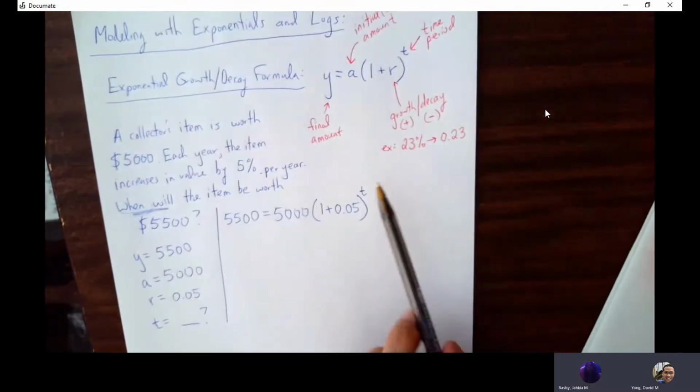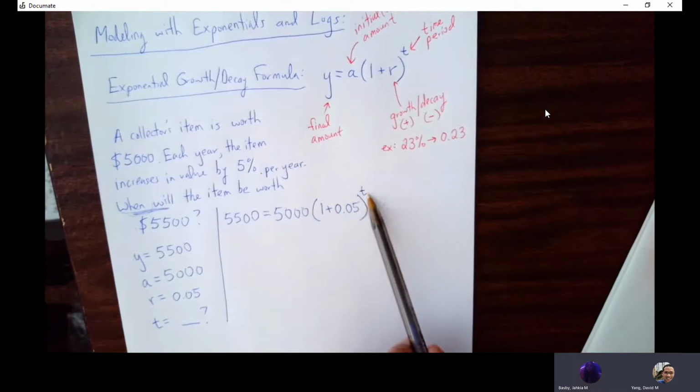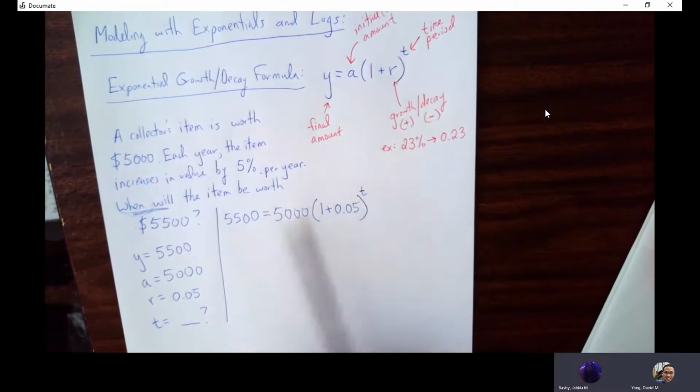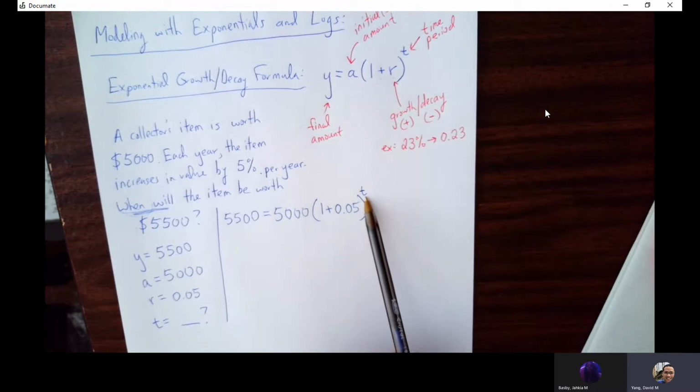Okay, so we're trying to solve for t here, which is kind of strange. Normally, if you're trying to solve for a variable, you can just divide, multiply, or add. But here, this exponent makes it a little bit messier to work with. So we have a special way of dealing with it.